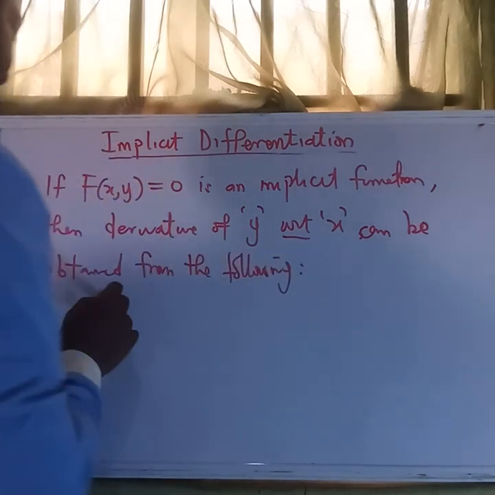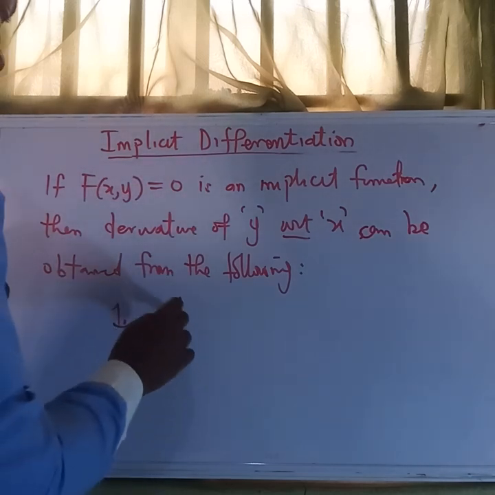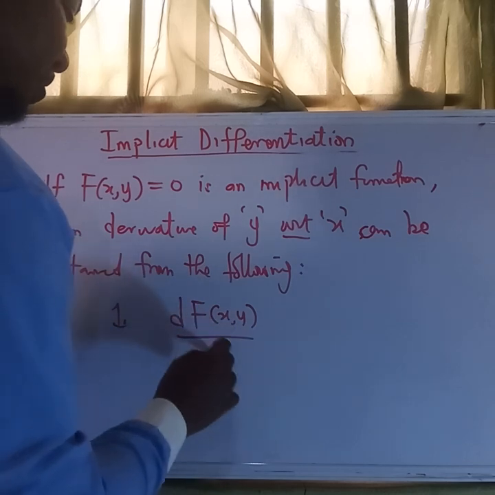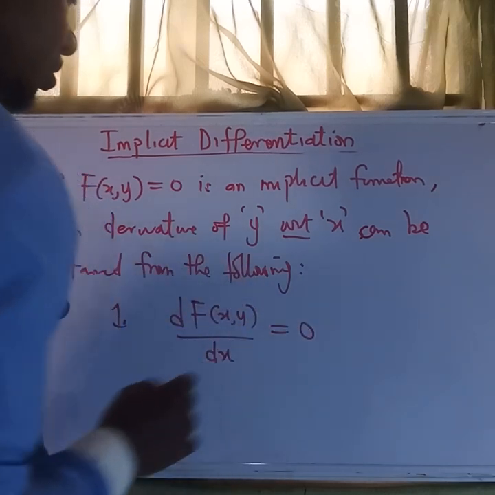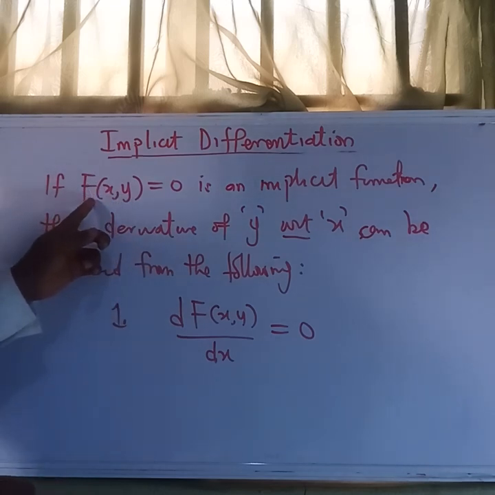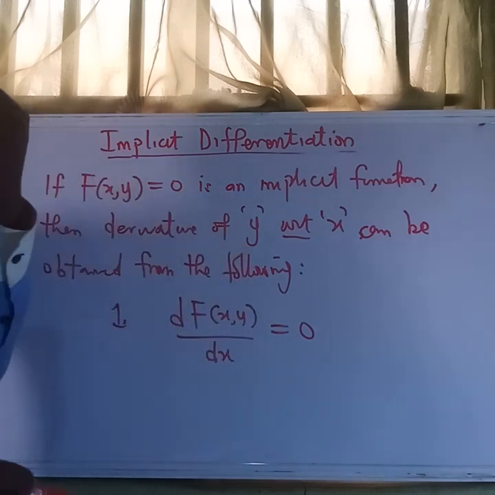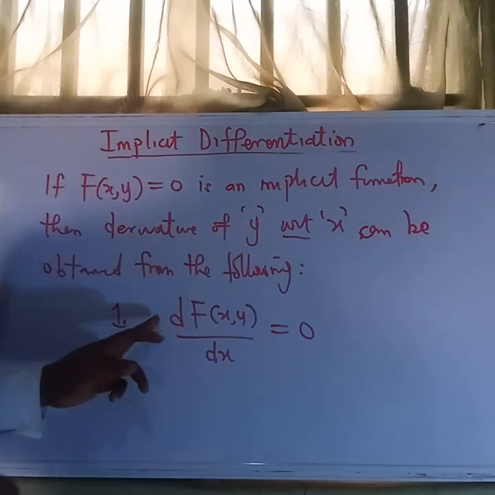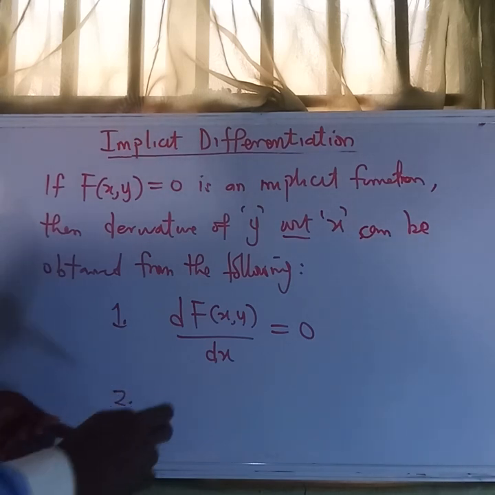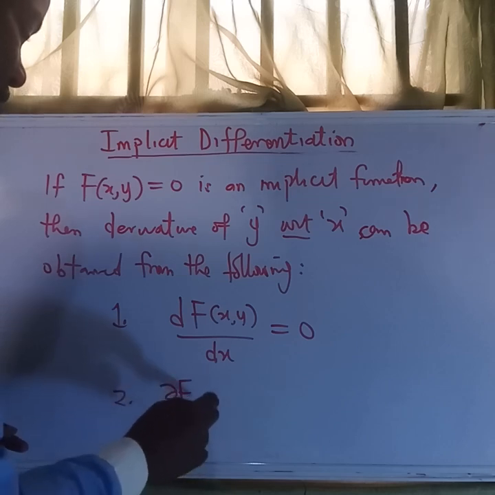We can obtain it in two ways. The first one is to differentiate f with respect to x. We want to differentiate the left hand side there with respect to x. Of course, this will be 0 since it is 0 here, and we can obtain dy/dx from this equation. We can also obtain dy/dx from this second equation.